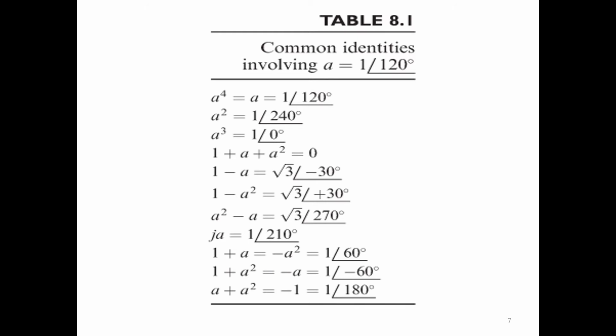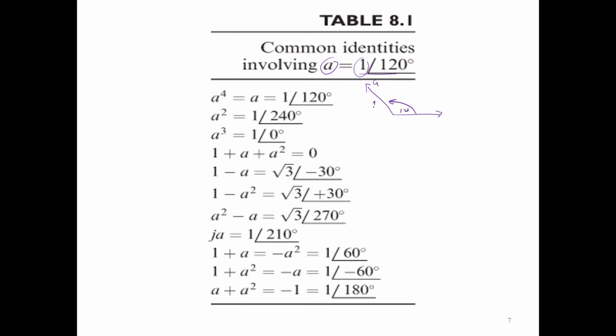In order to achieve that, we have to understand a little bit about the complex identity. Now you see that if A is the operator with the magnitude of 1 and the angle of 120, this is 1, this is A, because you have shifted this by 120.